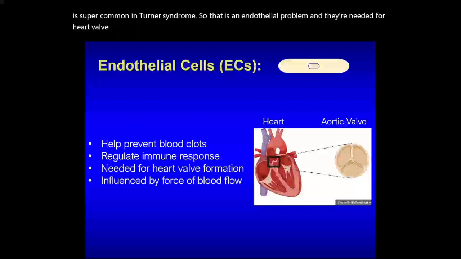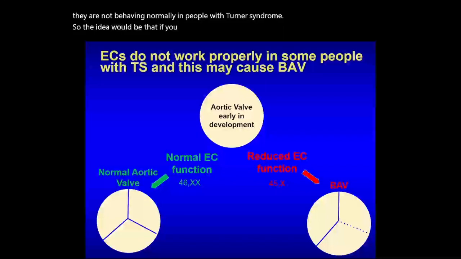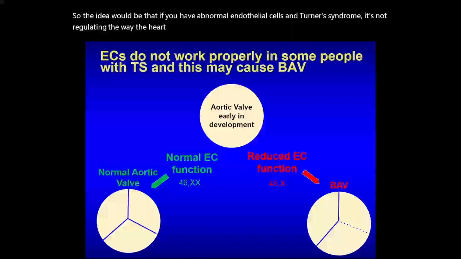We also know that they respond to blood flow, so we wanted to see if they are behaving normally in people with Turner syndrome. So the idea would be that if you have abnormal endothelial cells in Turner syndrome, it's not regulating the way the heart valves form, and you get a bicuspid valve. And this would be more common in someone with a 45X karyotype.